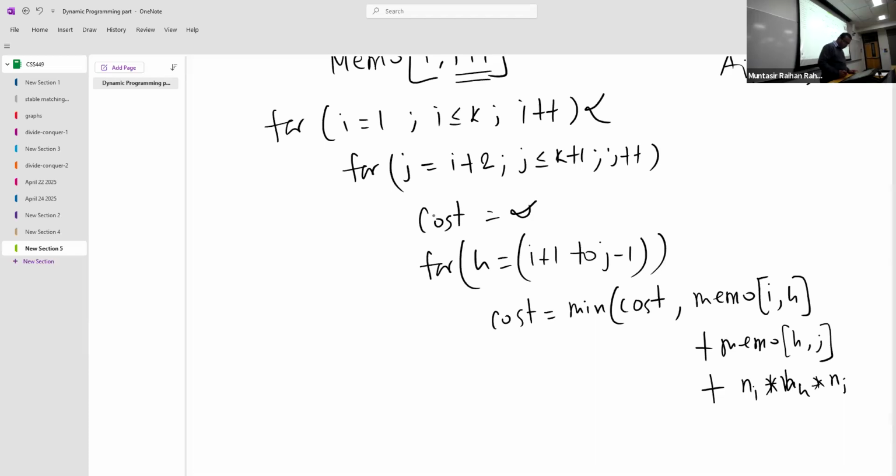That's going to be your final cost. And then finally, once you've looked at all the partitions, you find the minimum one, and that's what you set for the memo ij.